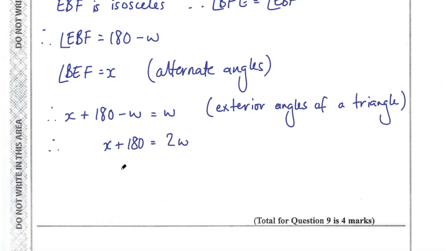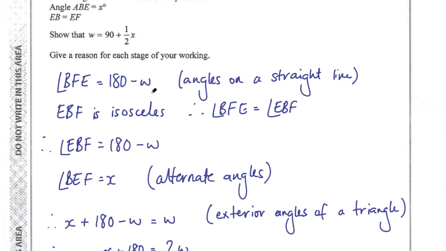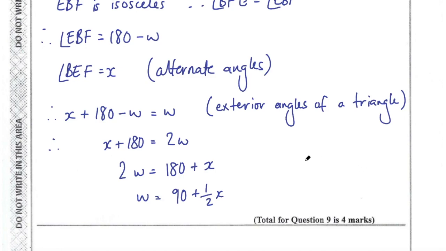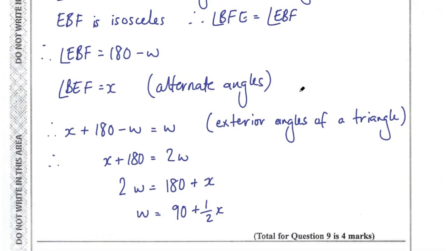And just flip it around so I get the W on the left. 2W equals 180 plus X. And then divide everything by 2. So W equals 90 plus a half X. And we have shown what they wanted us to show. So that's my final answer for question 9 for 4 marks.